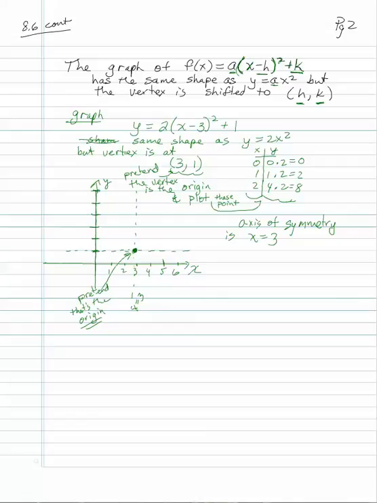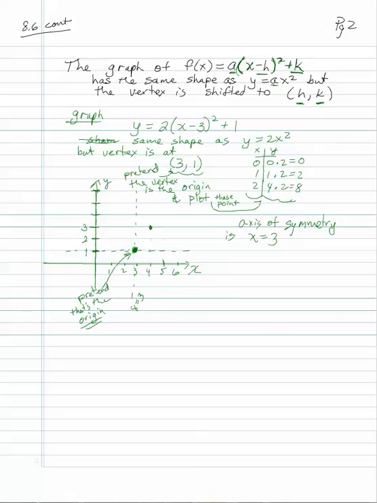So 0, 0, 1, 2, even though that point is really at 4, 3, I'm pretending the origin is right here where the vertex is. So counting from the vertex, I go right 1, up 2. Going back to the vertex, I'm going to do 2, 8.